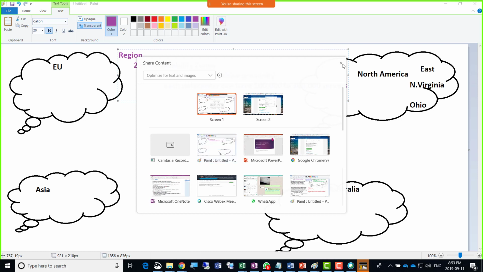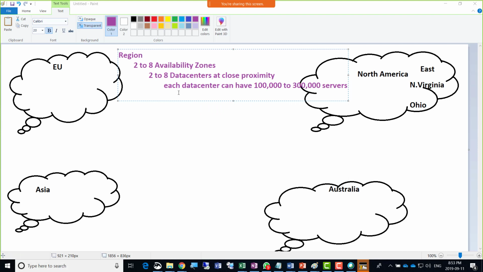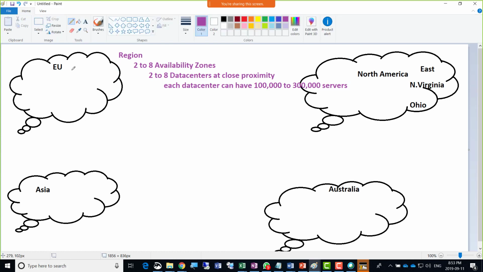Okay, thank you. So this diagram here, the difference is that a region would be one physical area within Europe. You will have one big area. Now this big area could be, suppose Ontario is one region. Normally it's not provinces or states like that, but suppose Ontario is one region.